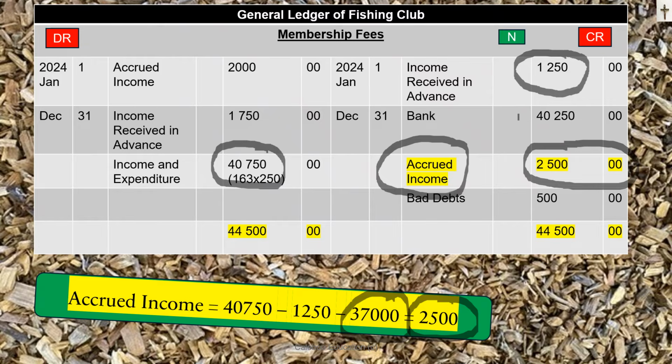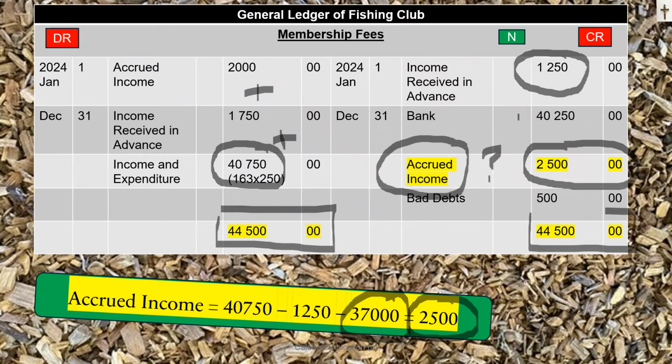Now I mentioned in class you can solve for this accrued income by completing this account, because if you said 2,000 plus 1,750 plus the 40,750 is equal to 44,500. The left hand side is equal to the right hand side.